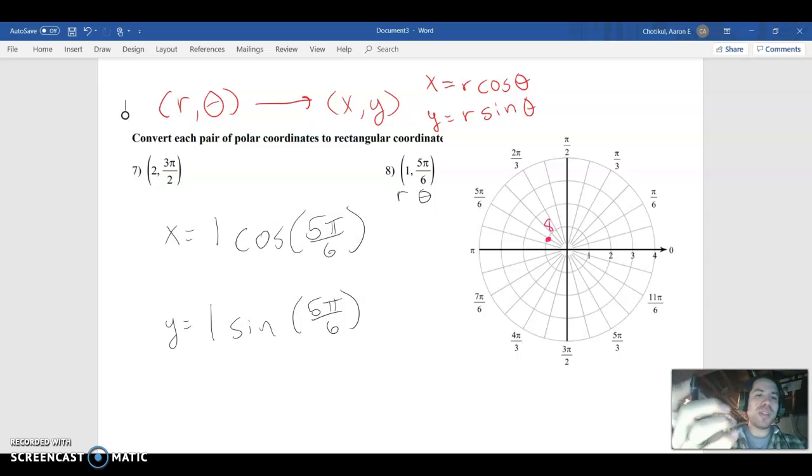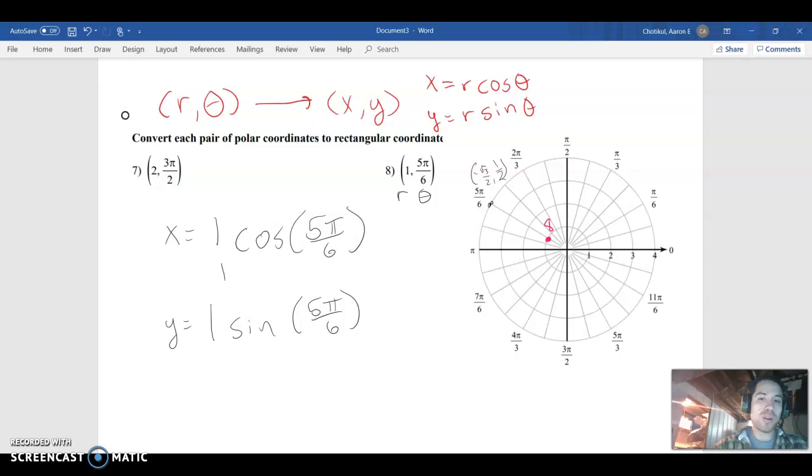So if we go to our unit circle, at 5 pi over 6, the coordinate should be negative root 3 over 2, and then our height should be positive 1/2, right, because that's the sixth. So cosine, remember, is again the x value.